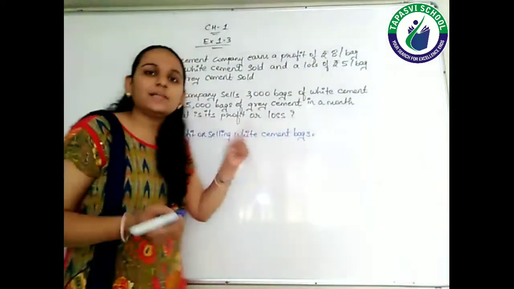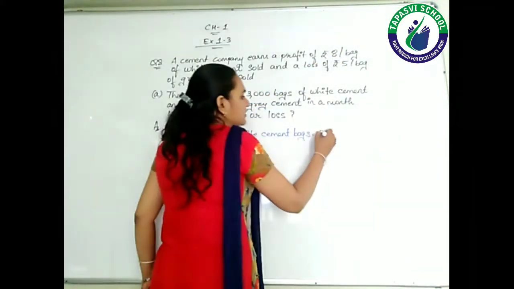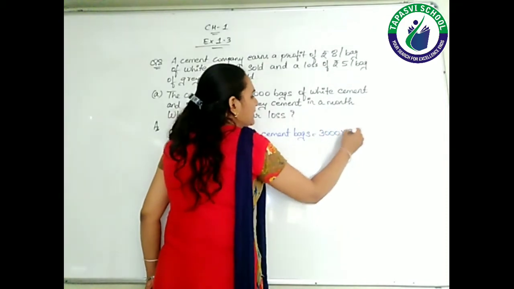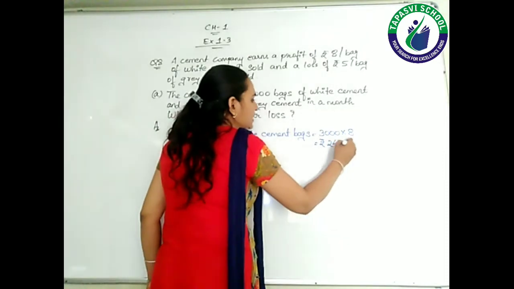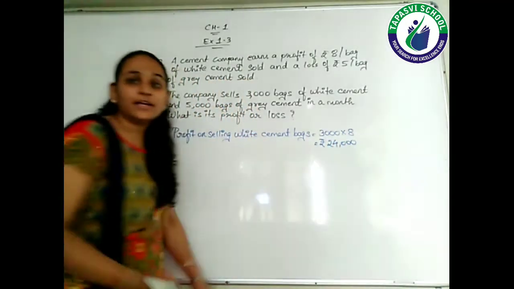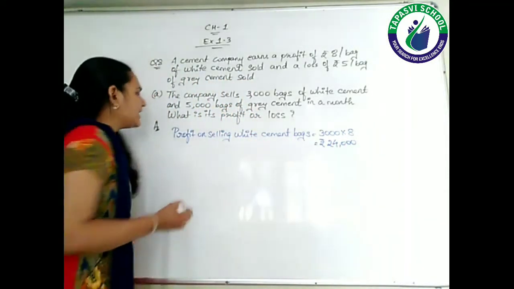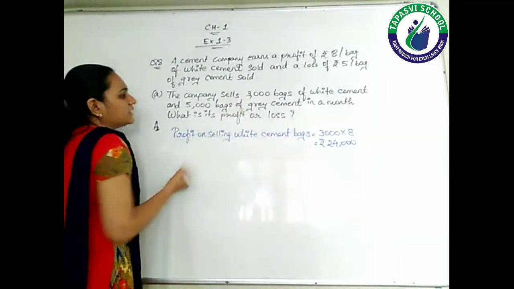So 3000 multiplied by 8. It is 24,000 rupees profit.